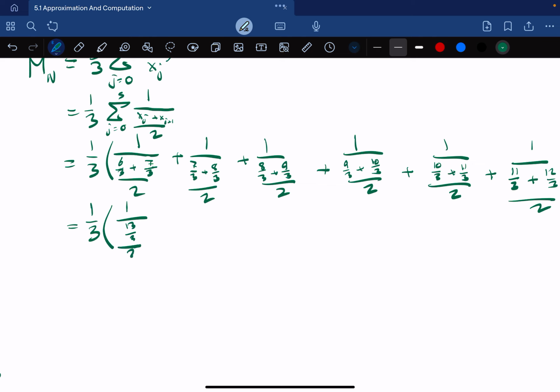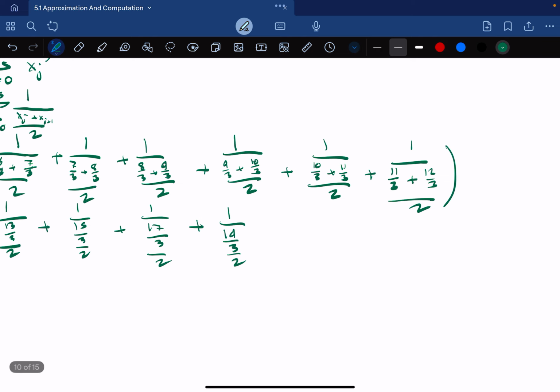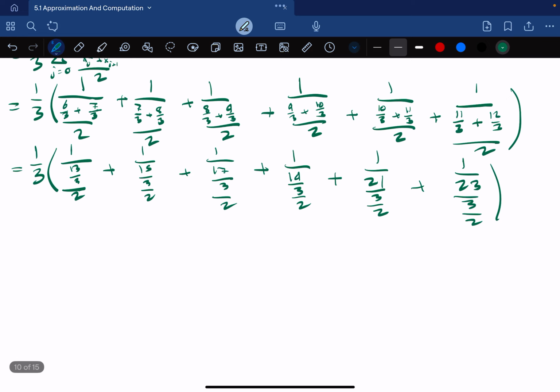So you end up with 13 over 3 over 2 plus 1 over 15 over 3 over 2 plus 1 over 17 over 3 over 2 plus 1 over 19 over 3 over 2 plus 1 over 21 over 3 over 2, finally plus 1 over 23 over 3 over 2.